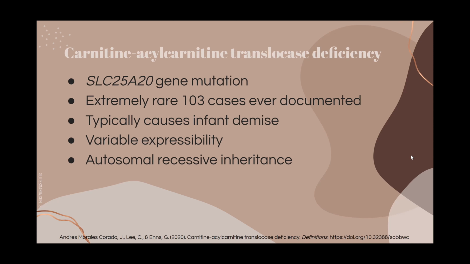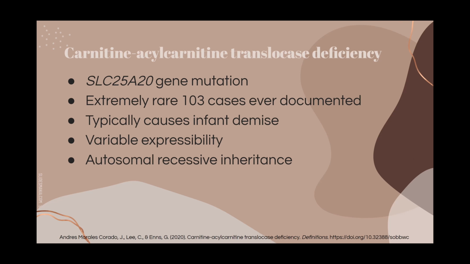Third is carnitine acylcarnitine translocase deficiency. This one is a gene mutation that's very similar to primary carnitine deficiency. It's the SLC25A20 gene. There's only been about 103 cases ever documented on this, so even more rare than the previous kind. And as I said, there's certain kinds of carnitine deficiency that are more rare than this.